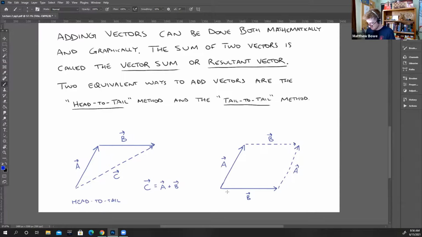By having these two here, I could make this parallelogram. And the very opposite point is where the resultant vector is going to end up. It's going to start tail to tail again, all the way over there. That is the resultant vector C. C equals vector A plus vector B.